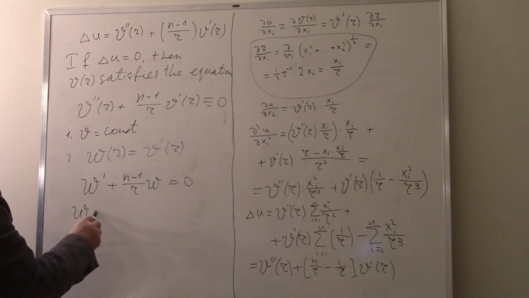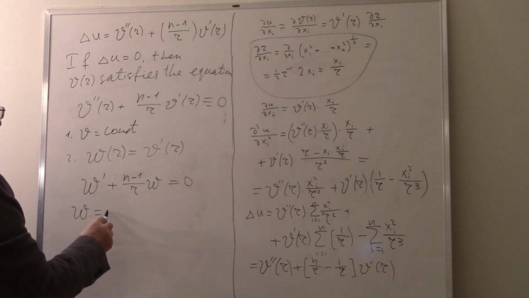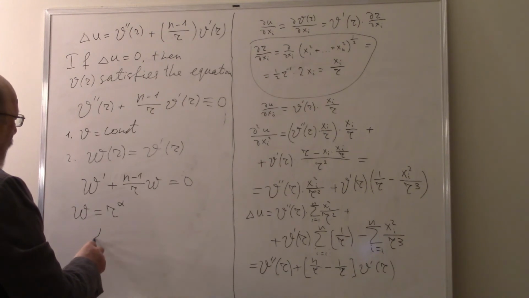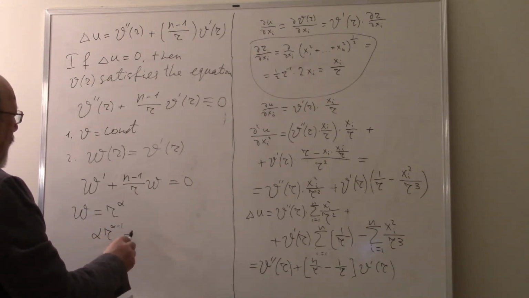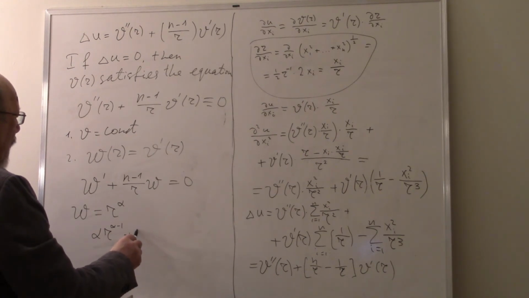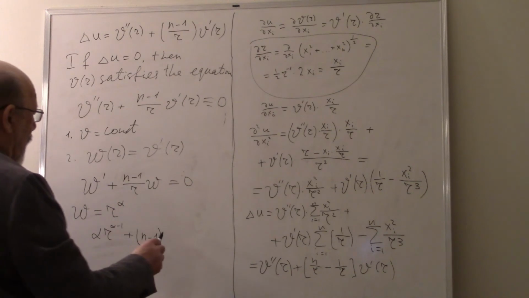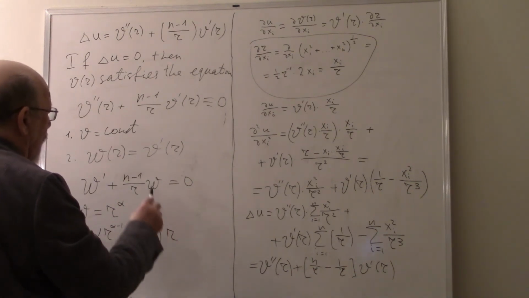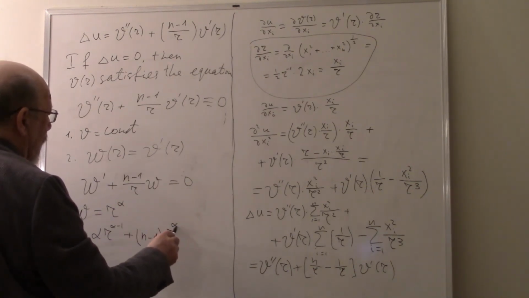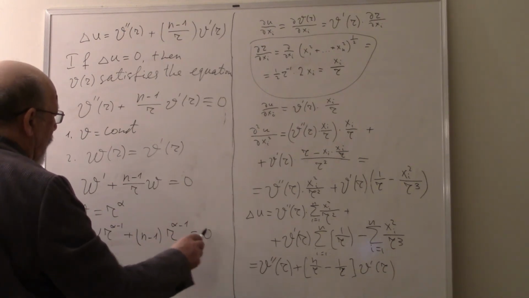W, let us look in the form r to the power alpha. So alpha r to the alpha minus 1 plus (n minus 1) r to the alpha minus 1 equals 0.